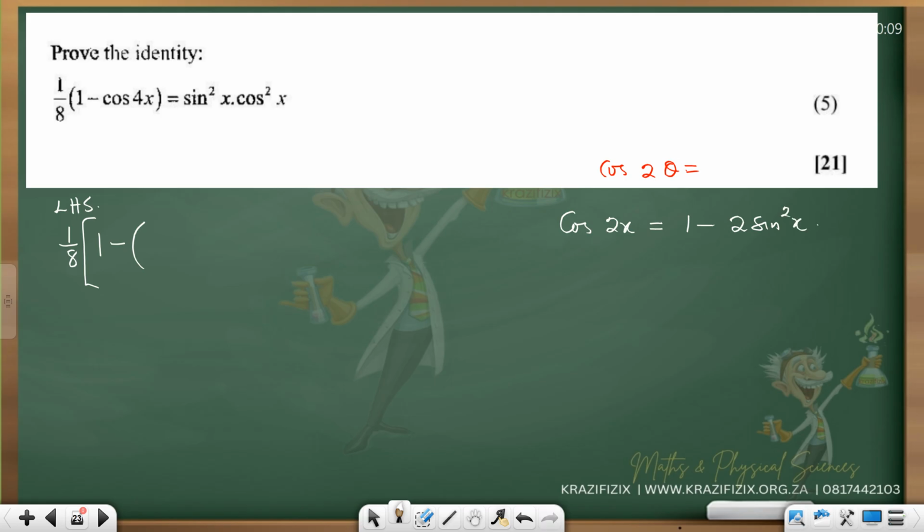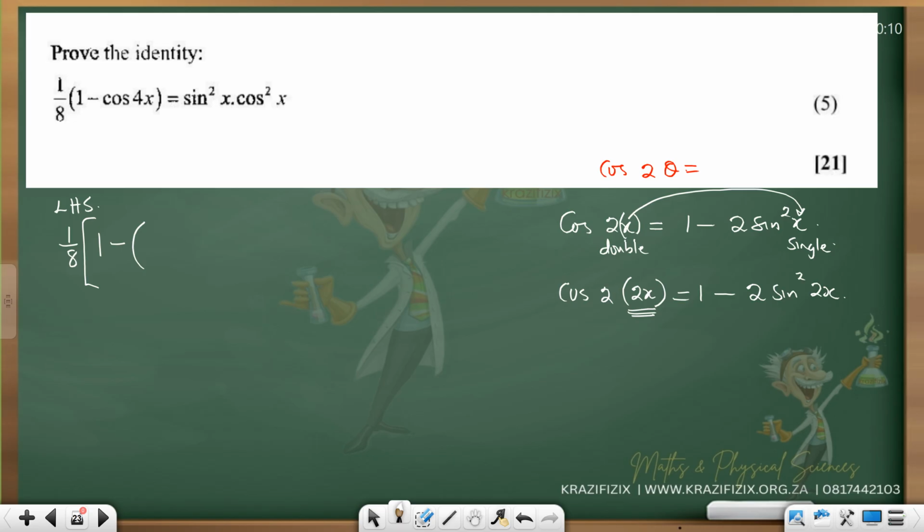Are you seeing that? This is double and this is a single x. But because I am saying cos 2 multiplied by 2x, that angle is now 2x. So it is 1 minus 2 sine squared 2x. Please let me know if you got that.